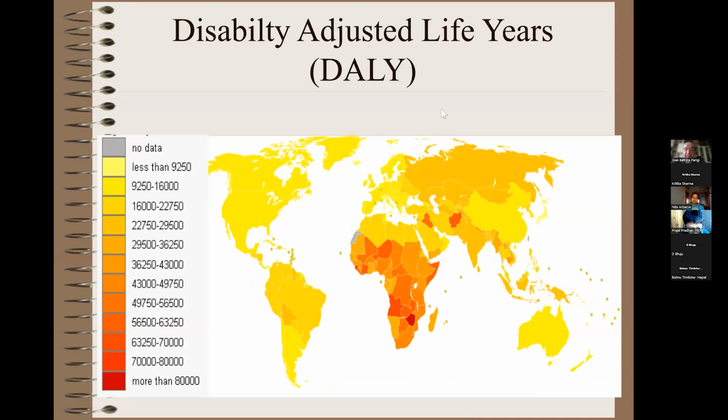We are checking the loss of lives according to this indicator. It is called the disability adjusted life years, and these are the numbers of years in life that are lost. These countries, Afghanistan, they lost more than 40,000 years of life in their population.